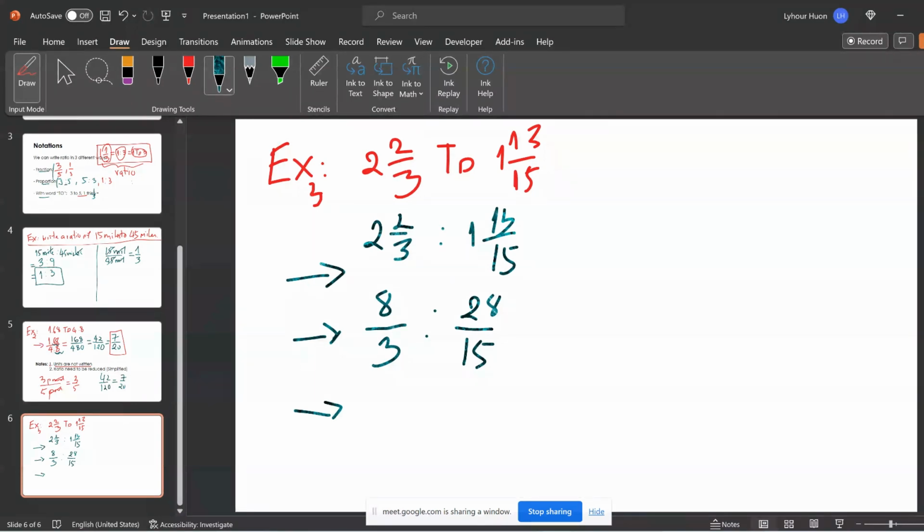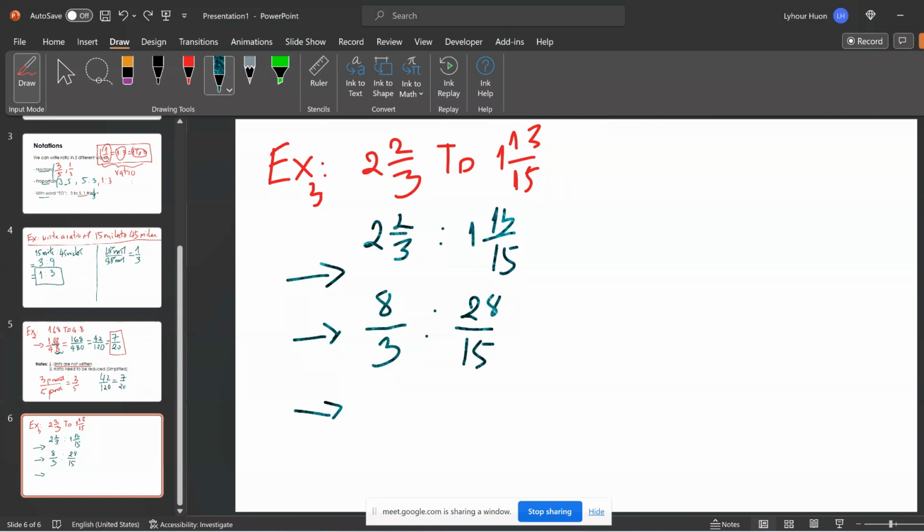How do we divide two fractions? This is the first fraction, divided by the second fraction.